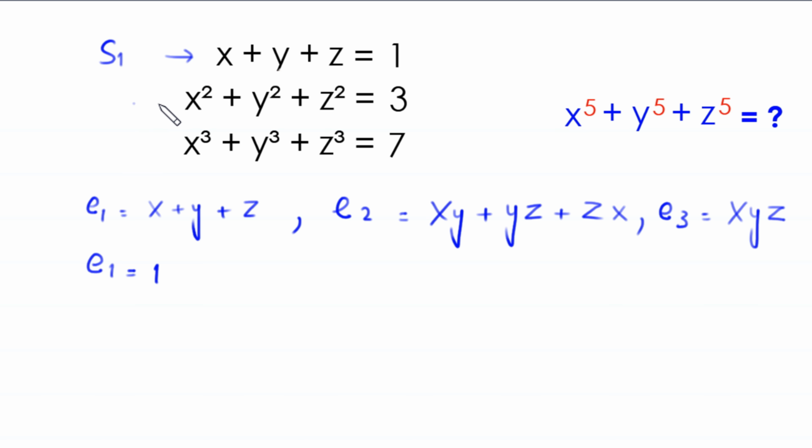The first sum, x plus y plus z, is called S1, the second power sum is called S2, the third power sum is called S3, and the fifth power sum is called S5.